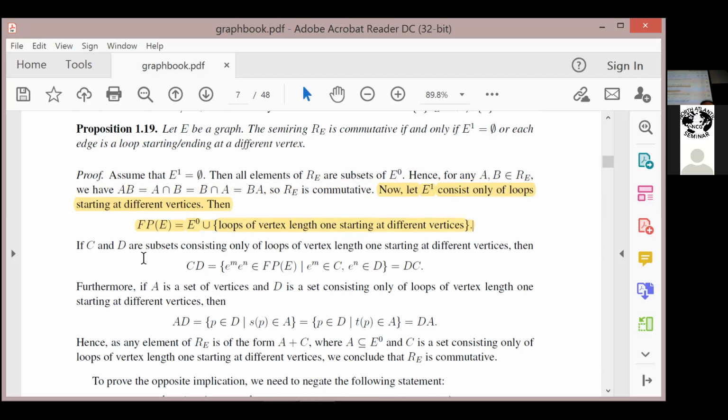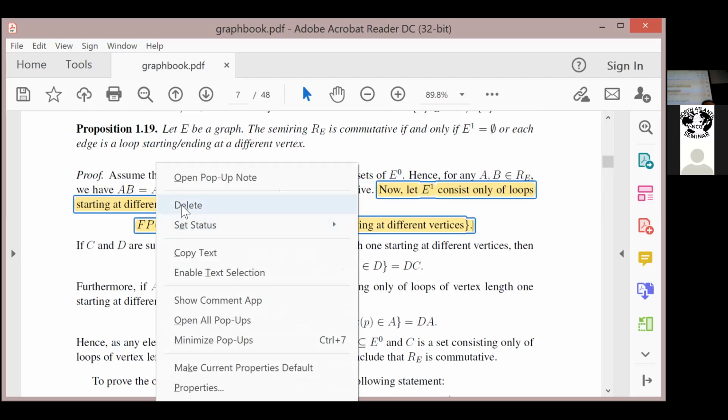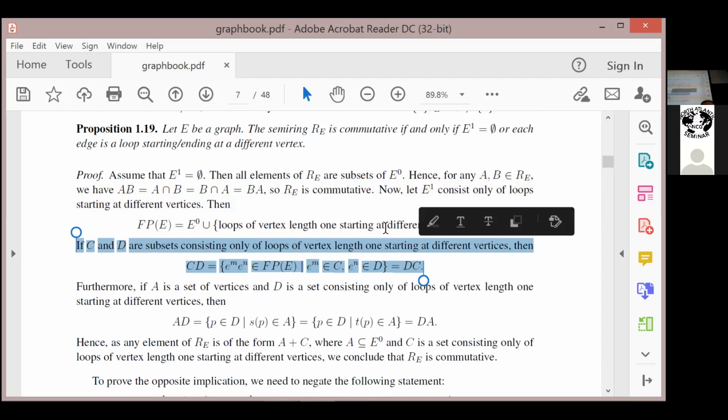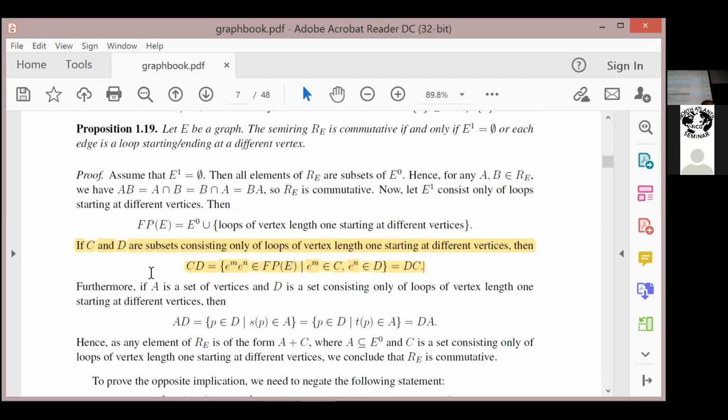So now let's take C and D to be subsets consisting only of loops starting at different vertices.